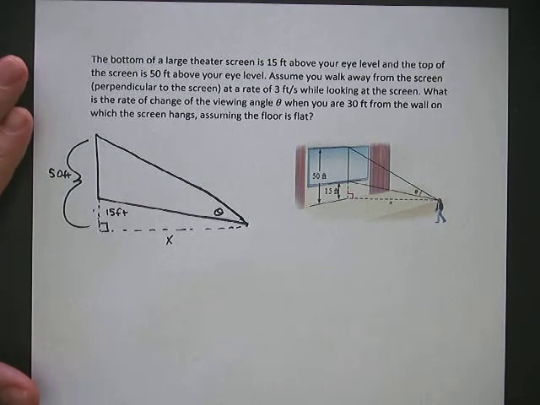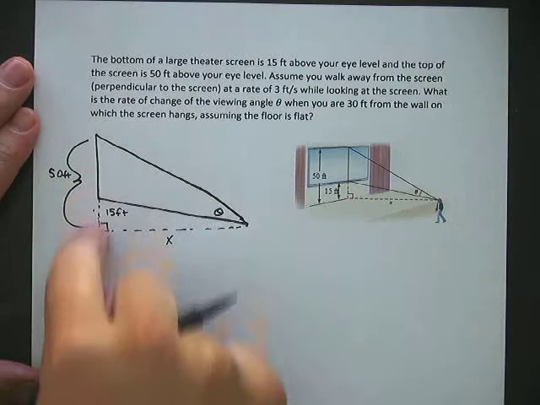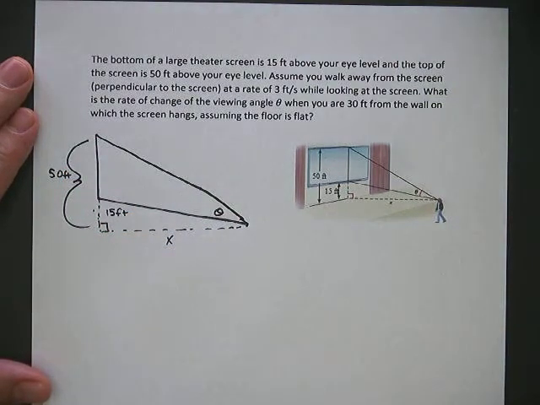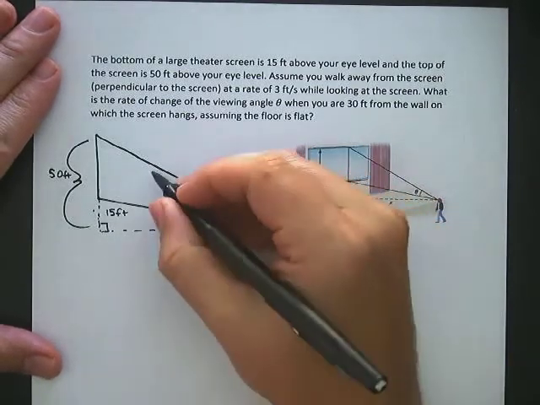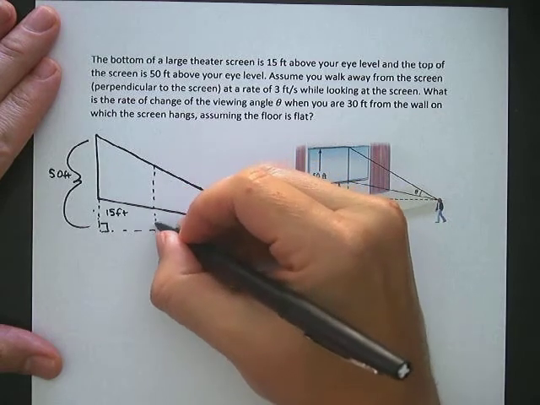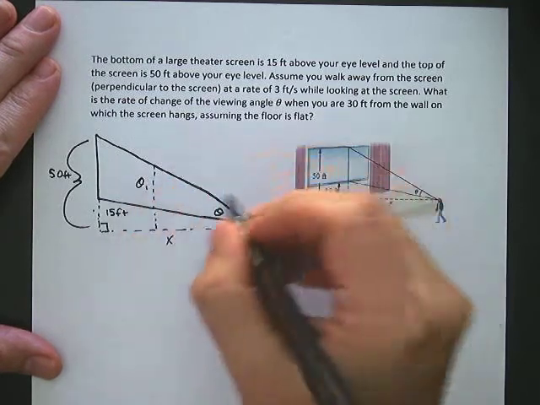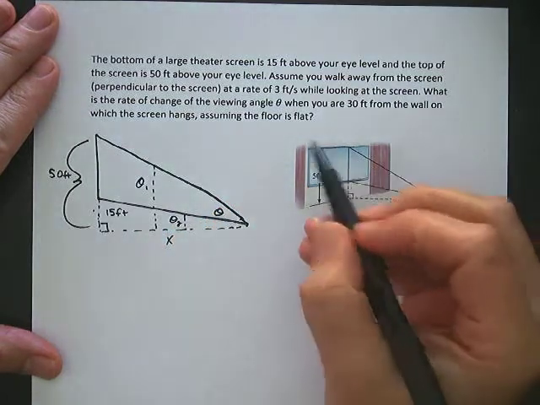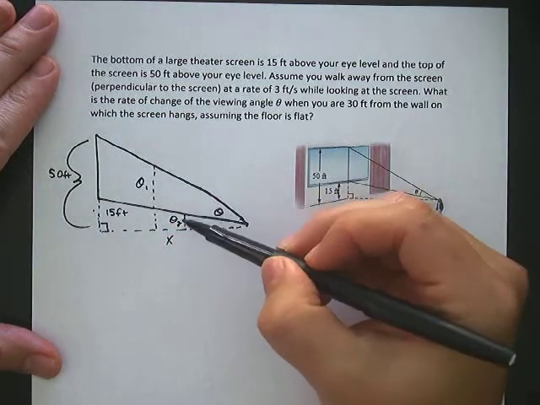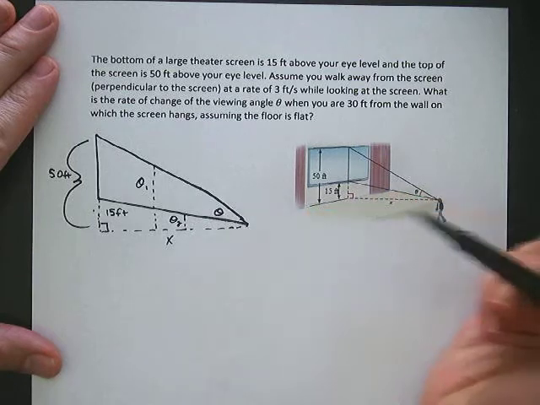It looks like we're probably going to use tangent because we have the opposite and the adjacent, but that only works with a right triangle. So what I'm going to do is split this up into two different thetas. I'm going to call this one theta 1, and this one here theta 2. You can see that if we subtract them, you'll get theta.